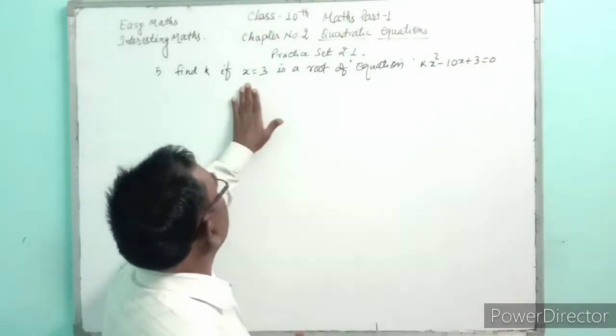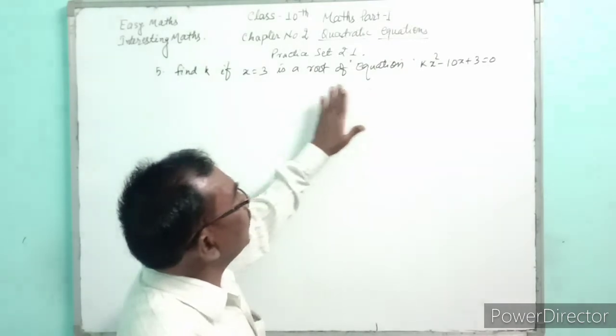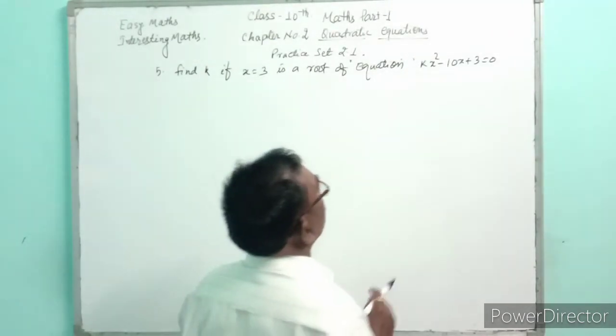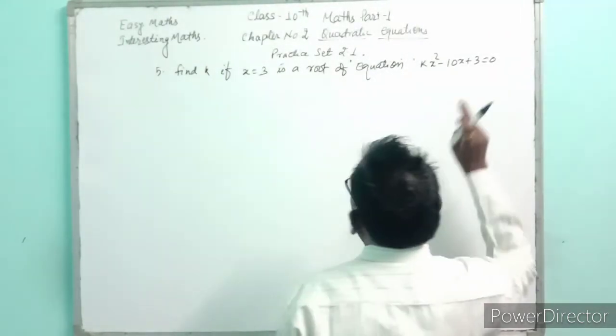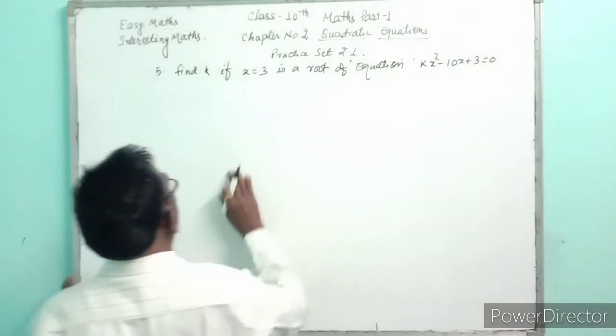Find k if x is equal to 3 is a root of the equation kx square minus 10x plus 3 equal to 0. Solution.